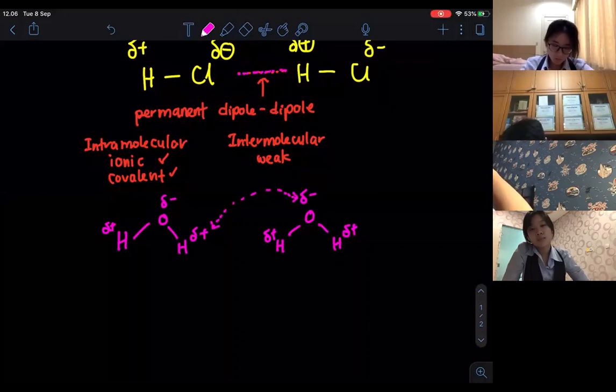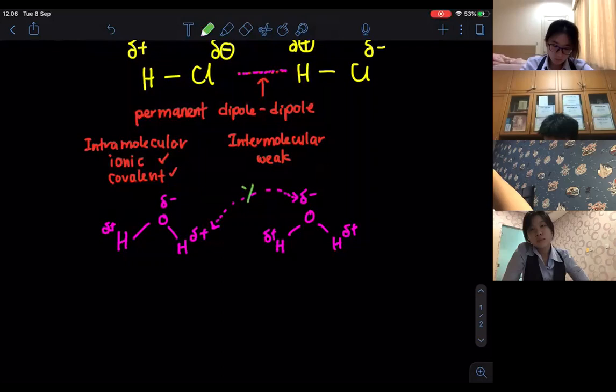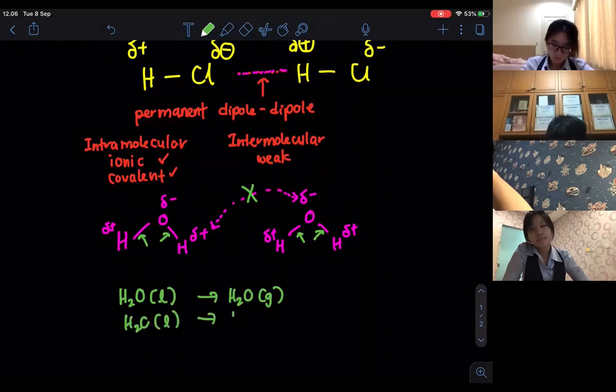So when I heat up water, the first thing I am going to break is this particular bonding, compared to breaking the covalent bond over here. That's why when I heat up water, it changes from liquid to H2O gas. You do not get H2O liquid suddenly becoming H plus O.